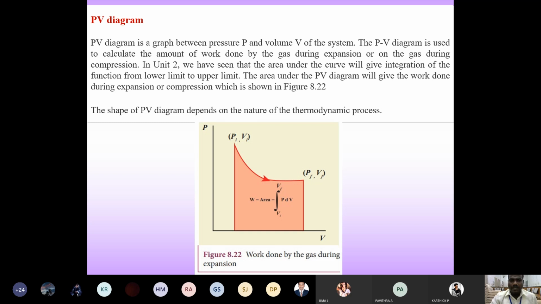So the PV diagram depends on the nature of the thermodynamic processes. We have seen the isothermal, isochoric, and isobaric processes in the last class.